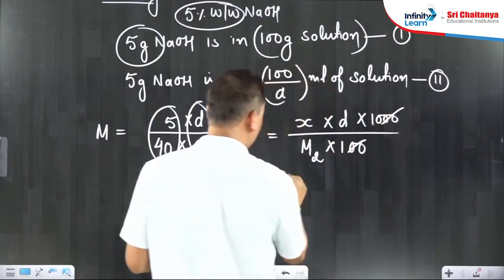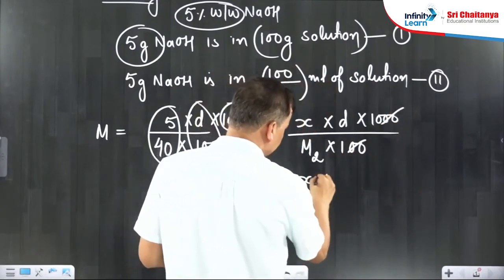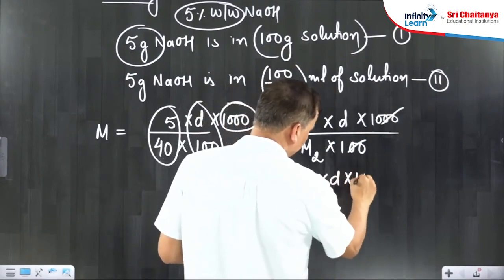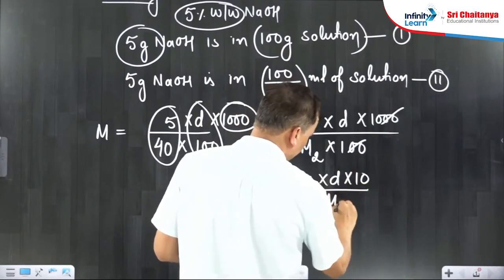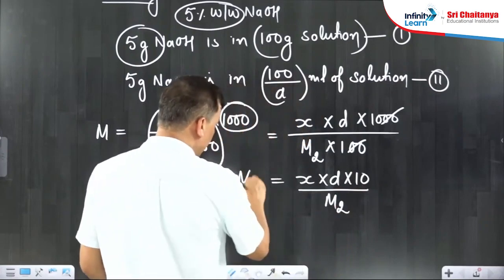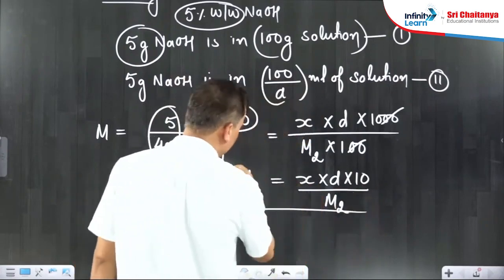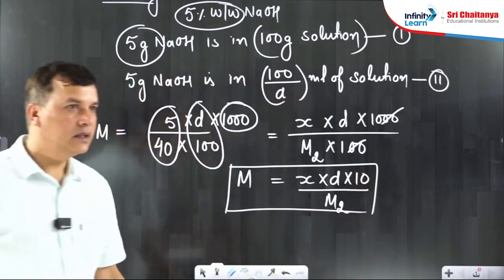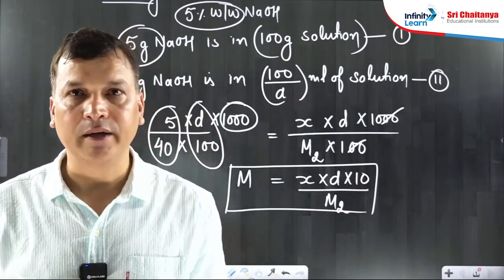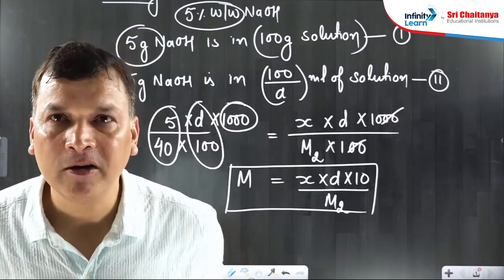So this will cancel out, and you have X into D into 10 upon M2. This is molarity. Is it clear or not?